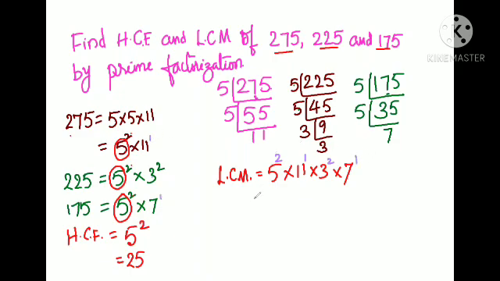So select the highest power of all the factors. 5 square is equal to 25, 11 power 1 is 11, 3 square means 9, and this is 7. By multiplying all together, we get 17,325. This is the LCM of the three numbers.